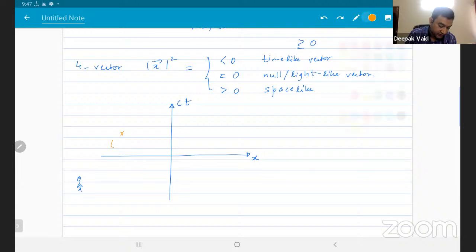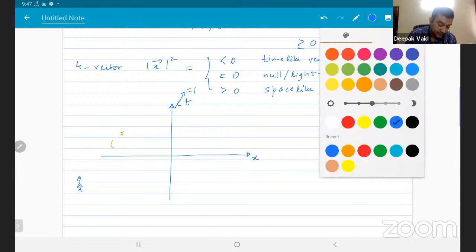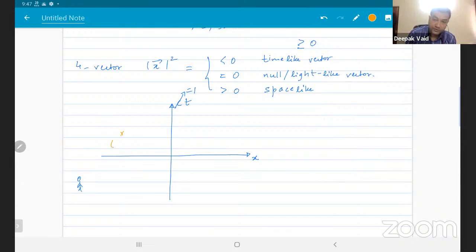And from henceforth, this c I will set equal to 1. So I will just write c, okay? That's just a choice of units. I can always make that. So let me take a point. Let's say I label it like this, T1 and X1, and I have another point over here, and I label it as T2, X2.